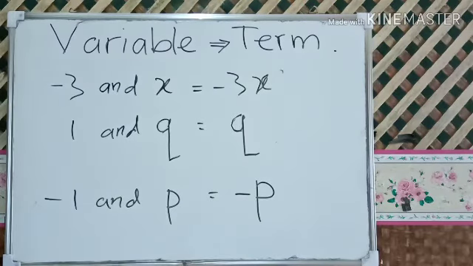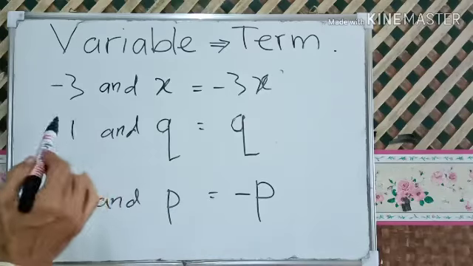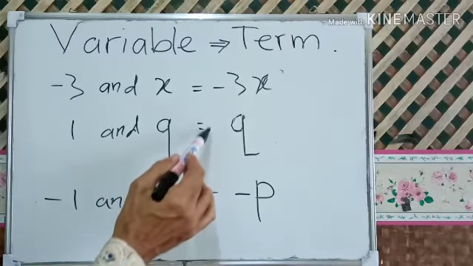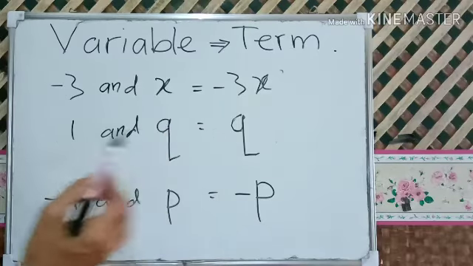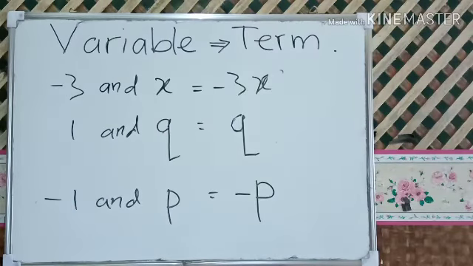So from now on, in your mind, if you cannot find anything here, that means the integer is 1, and here you cannot find any number, so the number is actually -1.